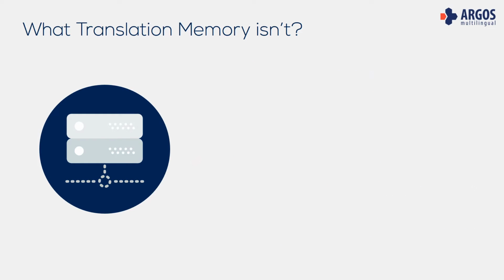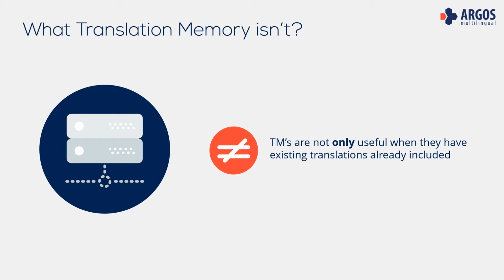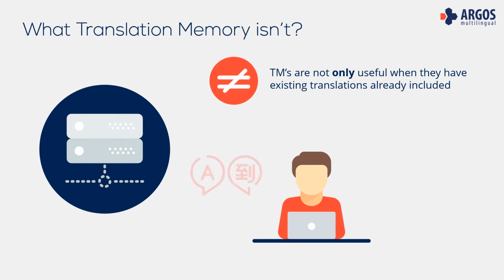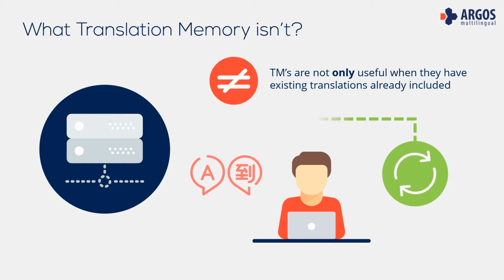TMs are not only useful when they have existing translations already included. Even working with an empty TM can help a translator complete their work more quickly and to a more consistent quality. As a linguist translates, the TM becomes automatically updated. This means that when there's repeated text or similar segments, the translation memory will offer existing relevant matches to the translator.